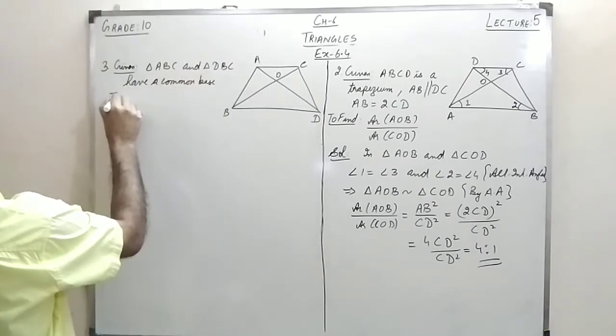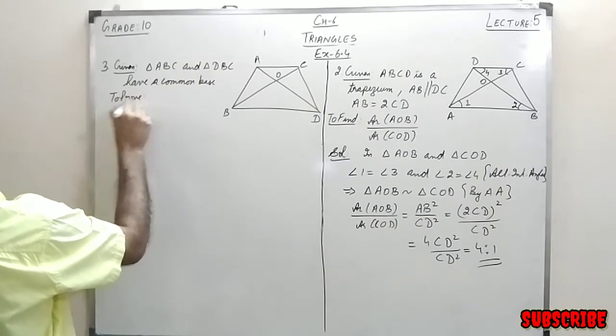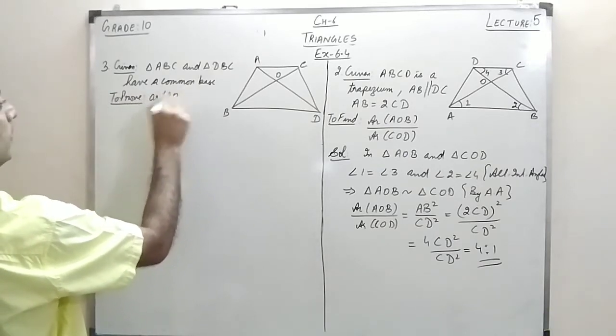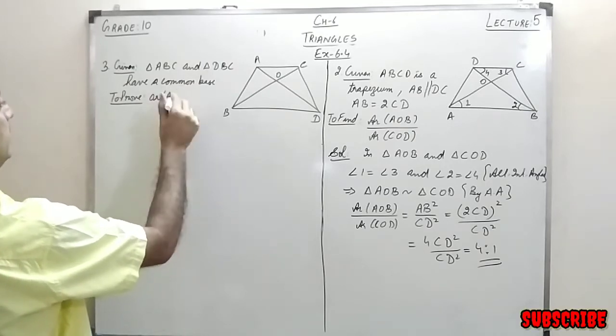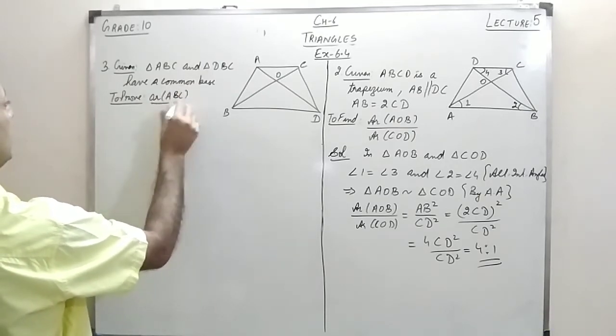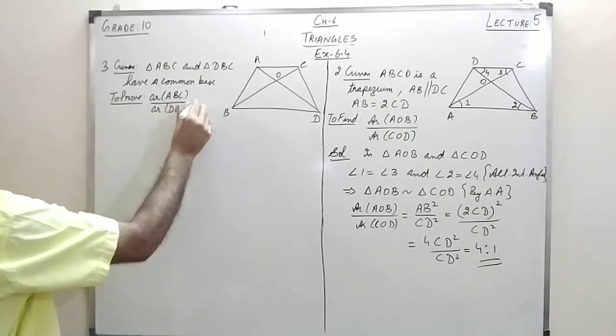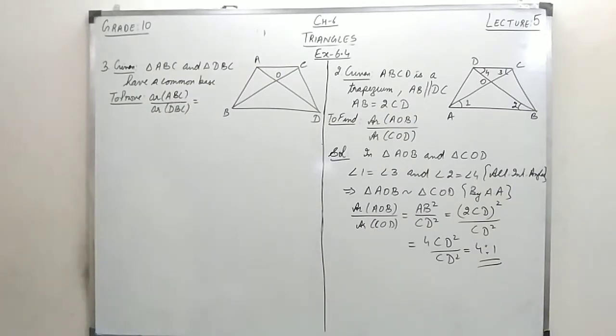And we have to prove that area of ABC upon area of DBC is equal to AO by DO.